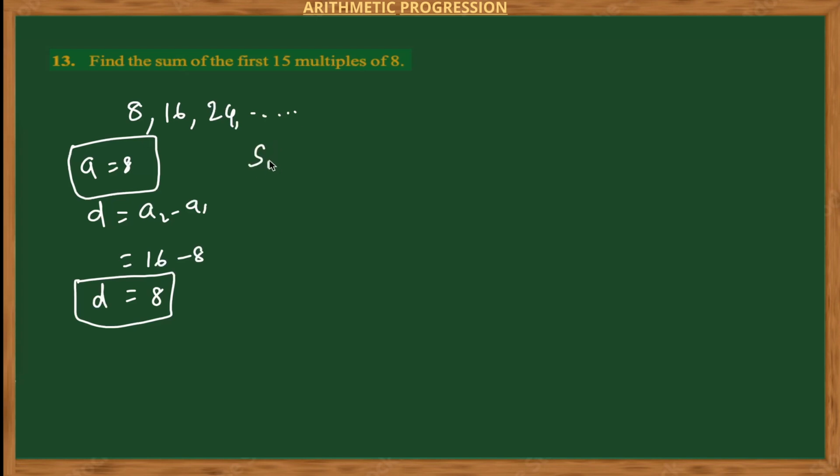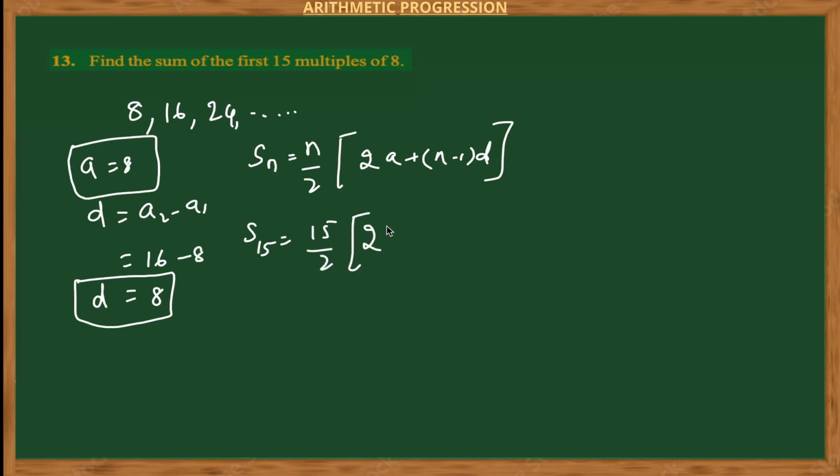So we have the formula Sn is equal to n by 2 into 2a plus n minus 1 into d. Okay, so S15 is equal to 15 divided by 2 into 2 times a, which is given as 8, plus 15 minus 1 times d, which is given as 8.